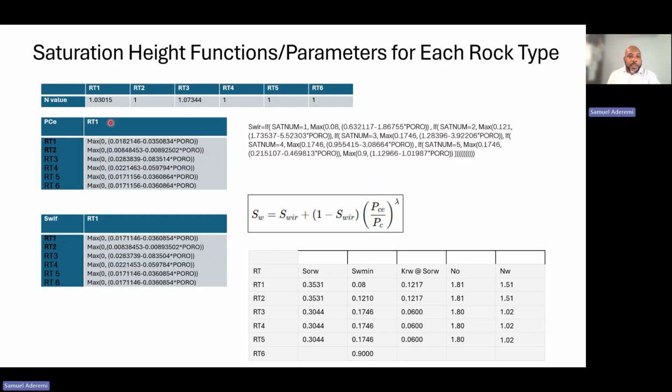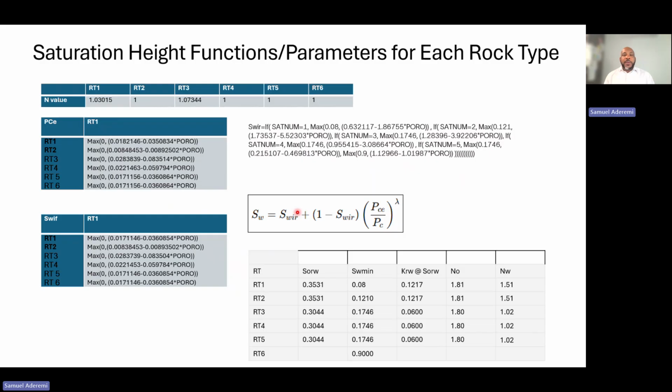We also have the entry pressure, which are given here, the expression of the parameters, and we have the SWIR, or in some places I can interchangeably call it SWRF, as the case may be, but basically it's the same thing. This is just looking at the asymptotic irreducible water saturation from the numerical curve that we've got while we were building the saturation height model.